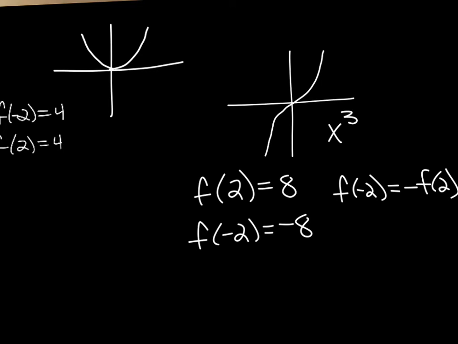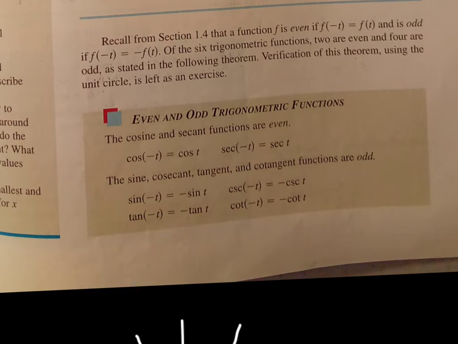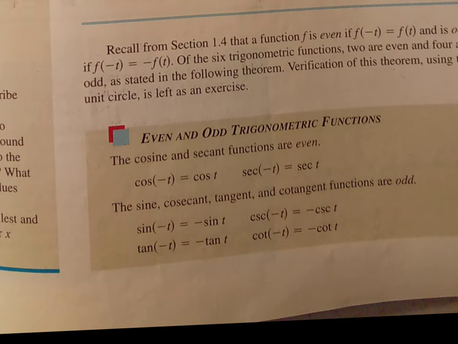So, right, negative 8 is equivalent to 8 times negative 1, right? Those are the same. So that's the definition of odd. So then all you need to worry about right now is keeping these straight. These are going to help us as we keep going. Okay, so the only even trig functions are cosine and secant. All the rest of them are odd.